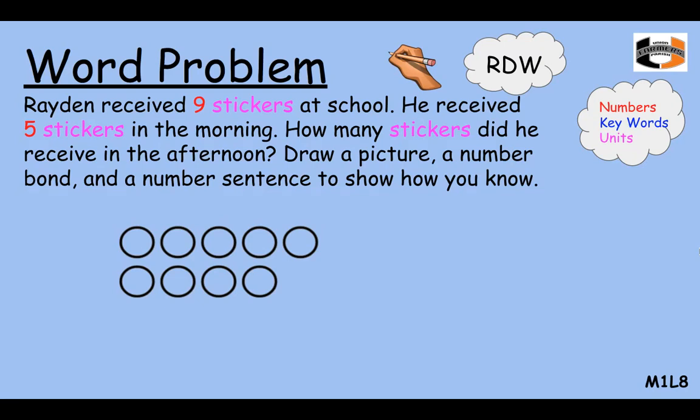It says in the word problem, he received 5 stickers in the morning. So we're going to put M's on the first 5 stickers because that tells us that those stickers were received in the morning.